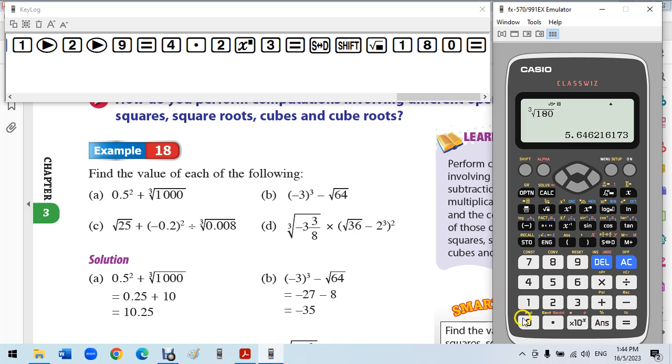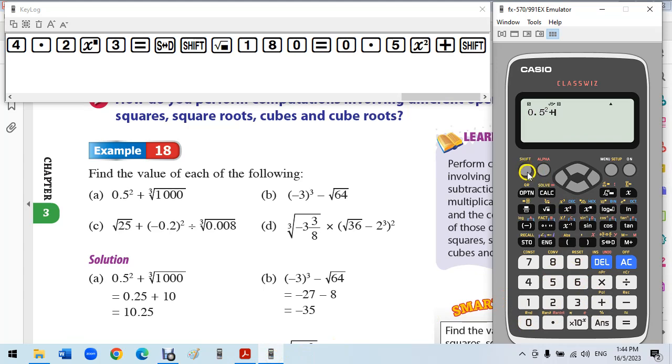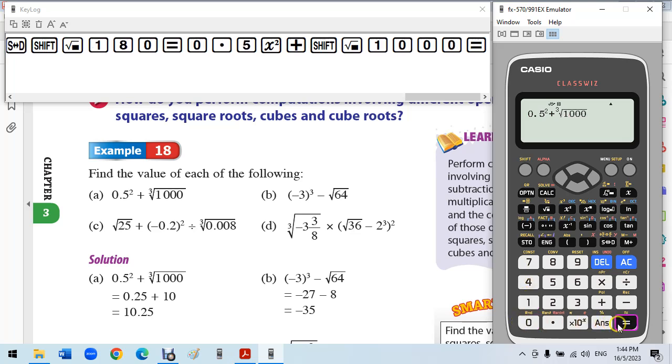so this one we have 0.5 square plus cube root of 1000. Then the answer is 10.25.